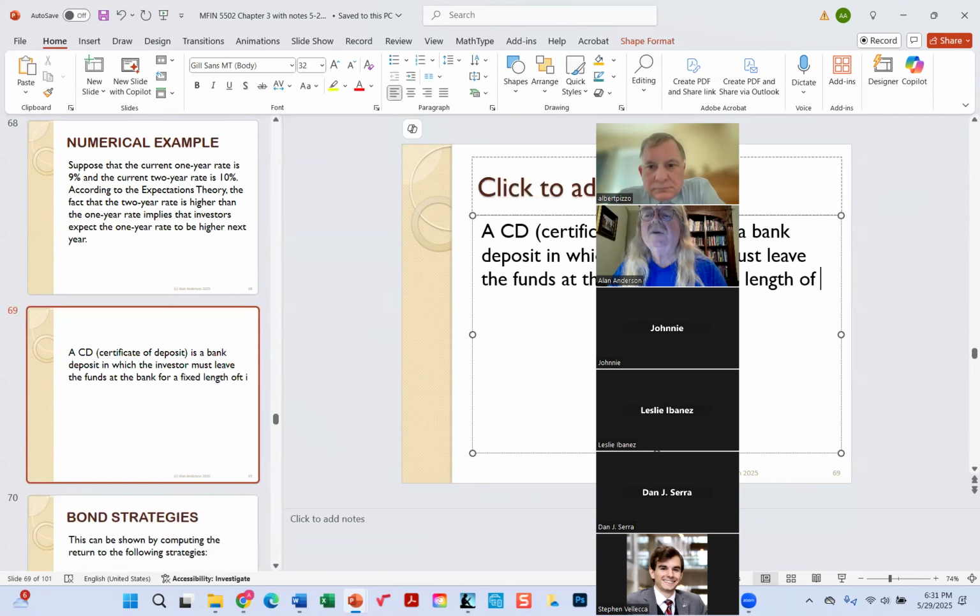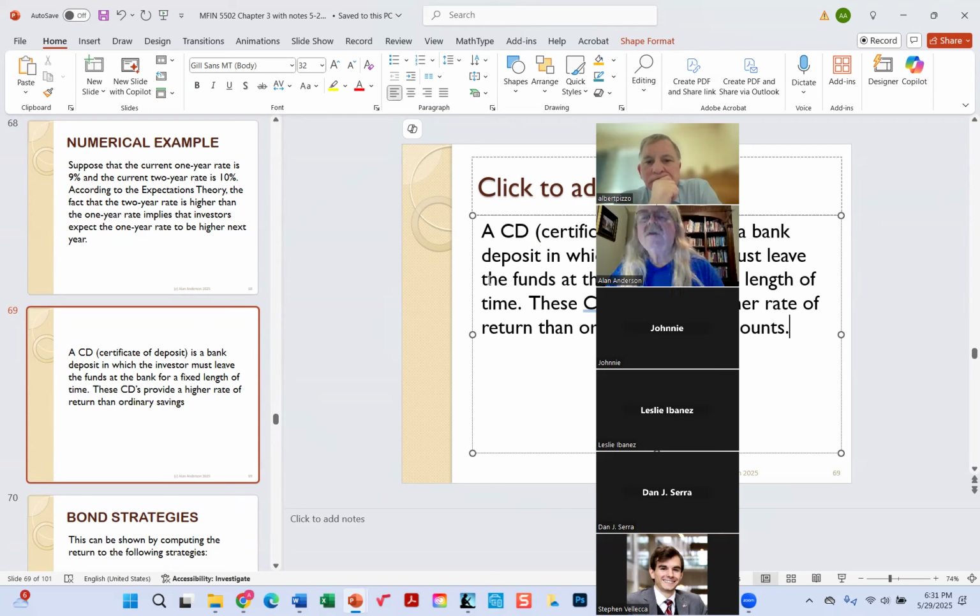So it's like a savings account where there's a minimum time you have to wait before you can get your money back. So why would anybody put themselves through this? These CDs provide a higher rate of return than ordinary savings accounts as a result.